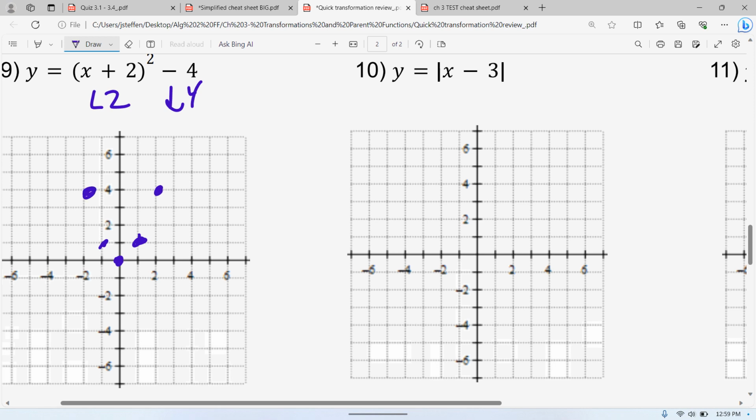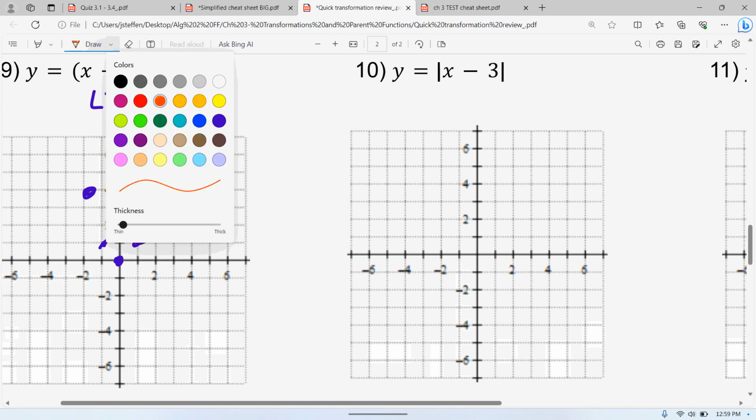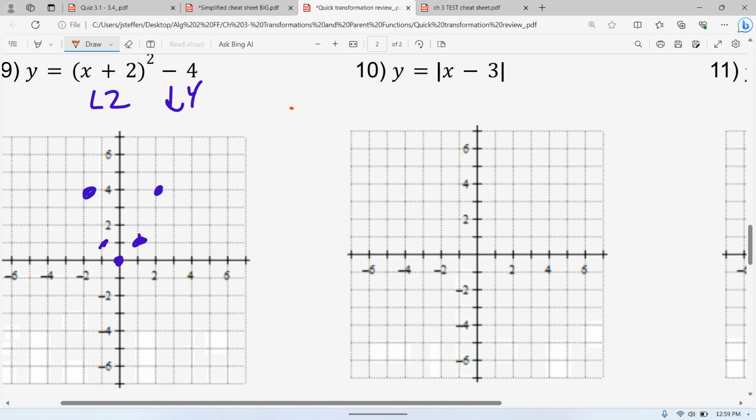Once you start with your parent function, now you can do transformations. Now some of them, like this one, you could do all in one step. I like to do it in 2 steps just to make it a little easier. So I'm going to go to the left 2. So 1, 2. So 2 is that orange one, and now we're going down 4.